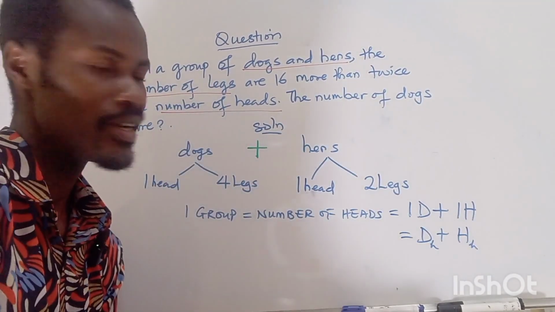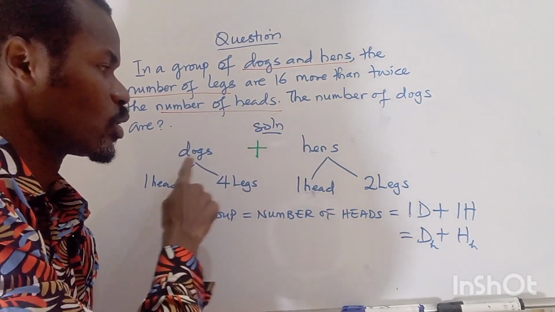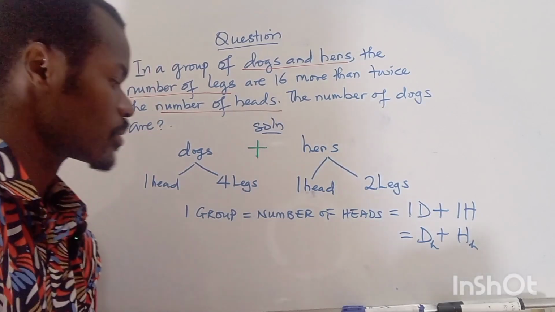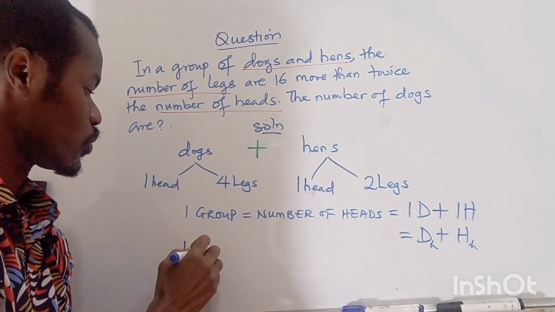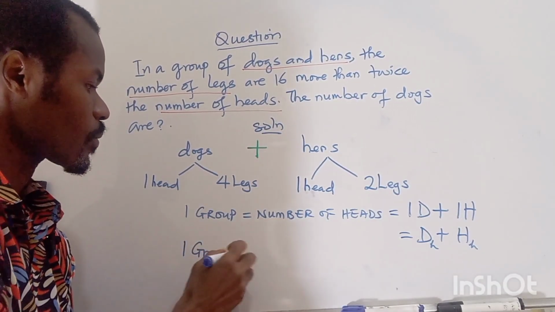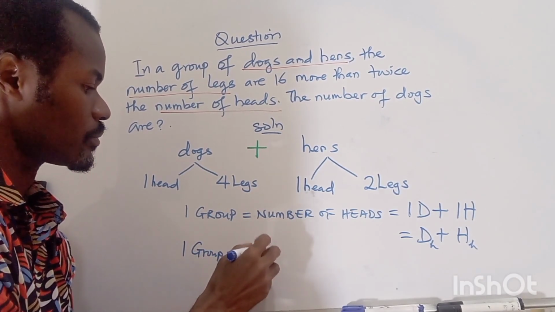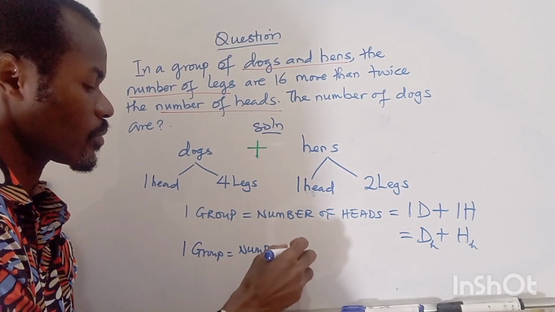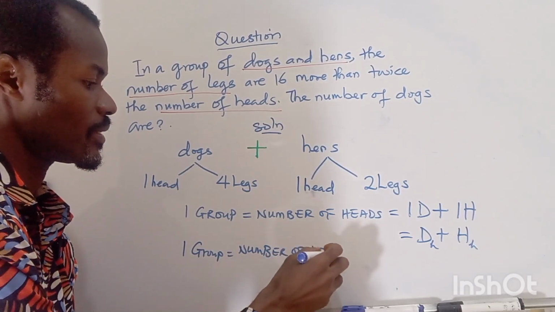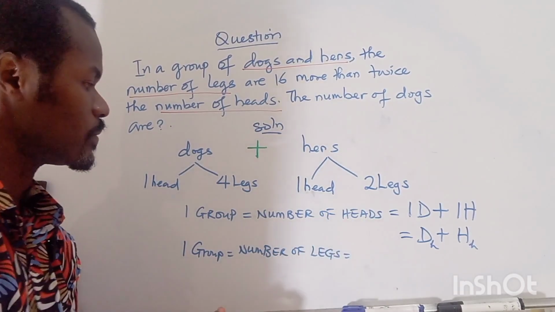What about the number of legs when we group a dog and the hen? For one group again, our number of legs is going to be what?